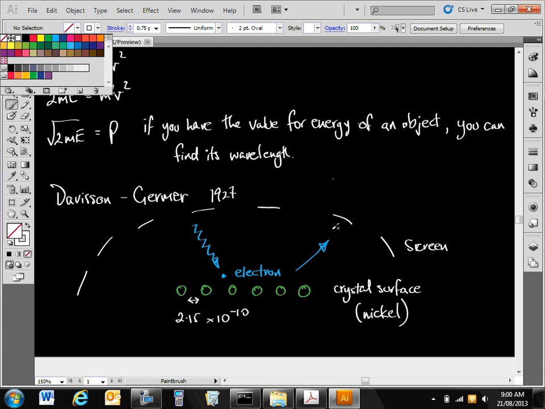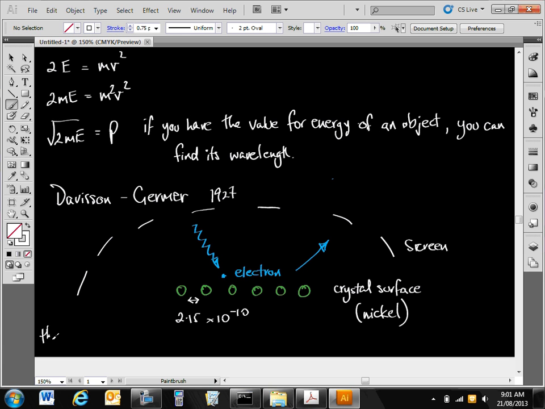What did they find? They found areas around the lattice. We call this crystal surface a lattice structure, if we're talking at the atomic level.